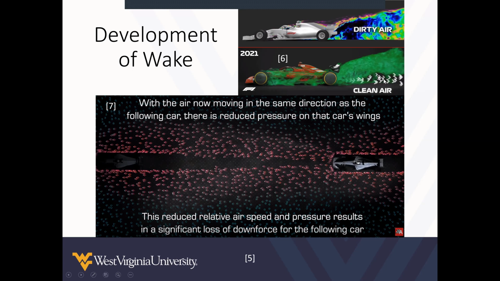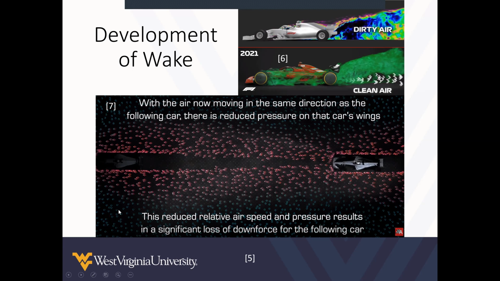So as a car is trailing behind a car, they're going to have less downforce. There's a car in the front over here on the left-hand side of the bottom picture, and that car is going through the clean air, which is represented by these blue dots. And then the red arrows are showing how the air is going to actually move.